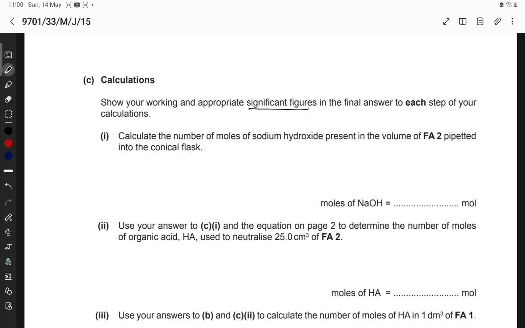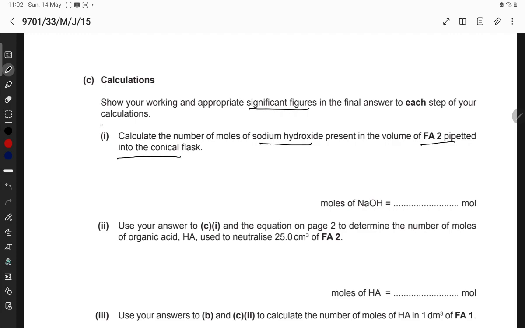And then the first question is usually always: calculate the number of moles of sodium hydroxide present in the volume of Fa2 pipetted into the conical flask.